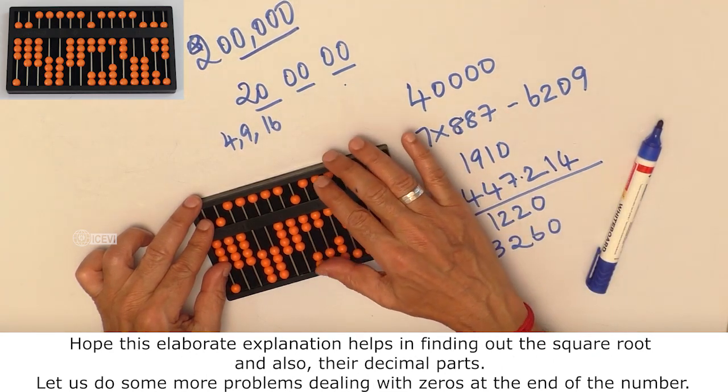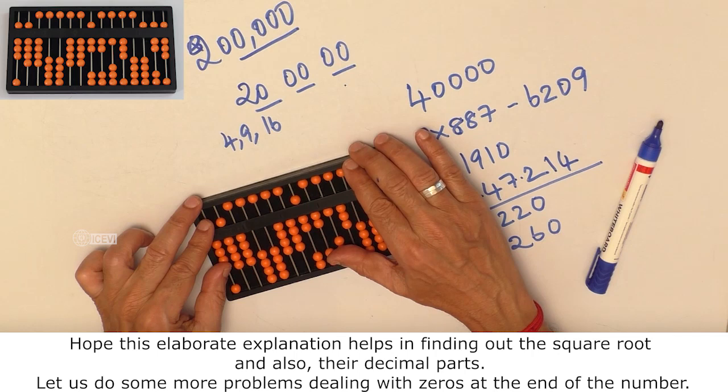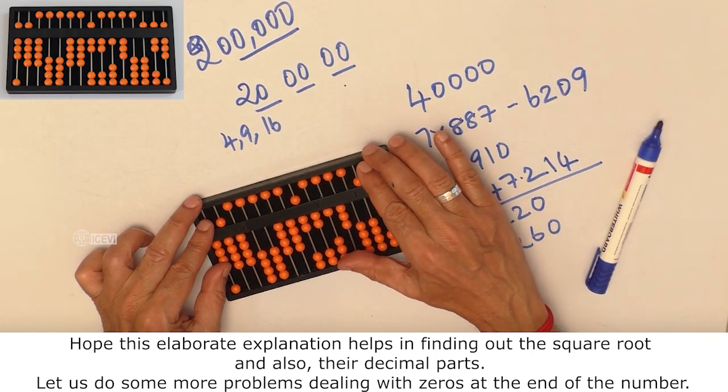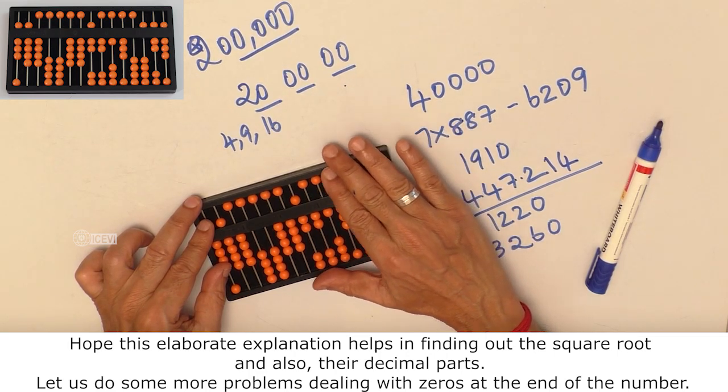Hope this elaborate explanation helps in finding out the square root and also their decimal parts. Let us do some more problems dealing with zeros at the end of the number.